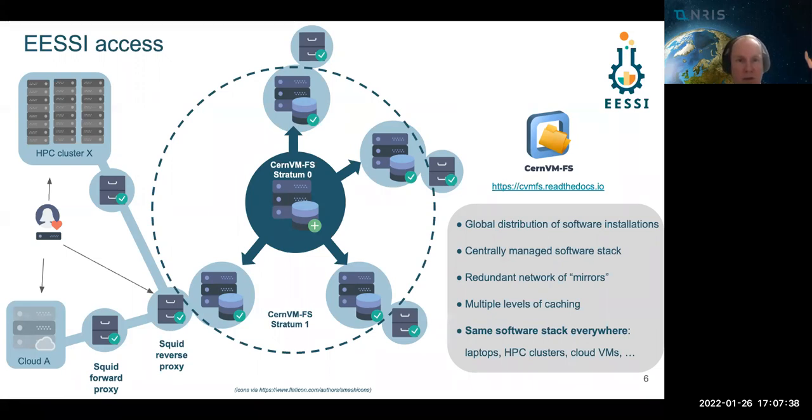All the other servers and components are read-only. Then in the circle, you see sort of mirrors for this central server. They provide more performance because they are probably closer to where your system is, and also redundancy.